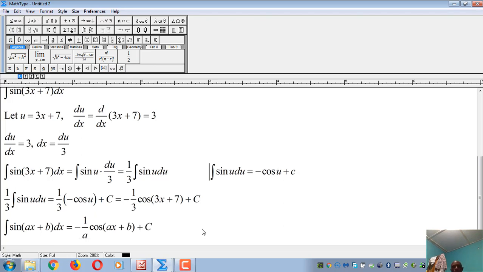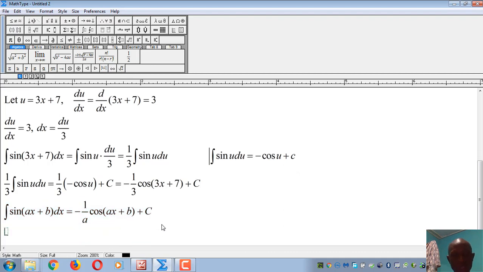This is the particular formula for this. If you are in an exam or you're having multiple choice questions, you can quickly use this instead of going through all this lengthy process. In a multiple choice question, nobody is expecting you to show your workings, so you can quickly apply this, and you're through.